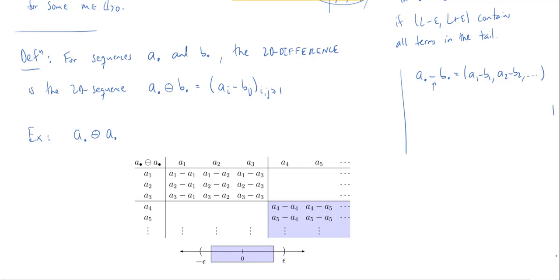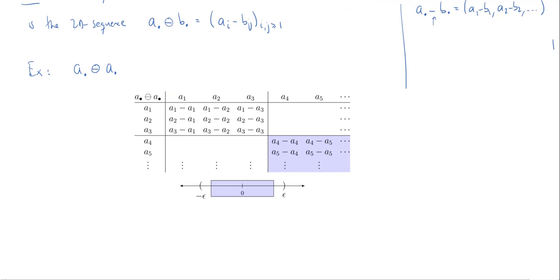That's the key. Cauchy said, if we don't know what L is, instead of trying to get the sequence A to be closer to some limiting value, why don't we check A against itself? That's where this 2D difference comes in, and see if the terms get closer to each other.